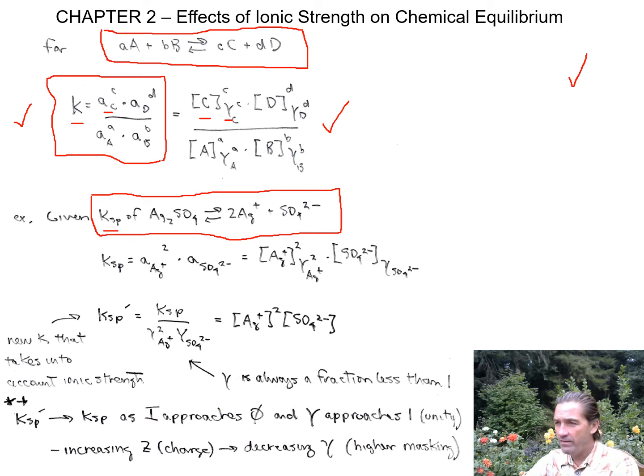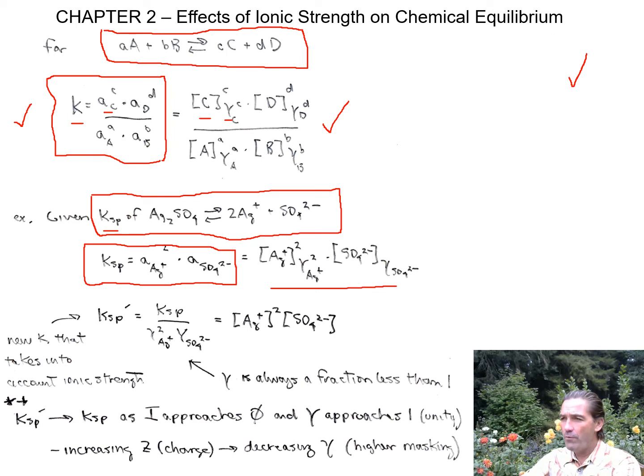Well, we can write the equilibrium expression in terms of activities, and then we can add the activity coefficients. Remember, these activity coefficients are just something we get out of tables, so they'll easily be filled in later.